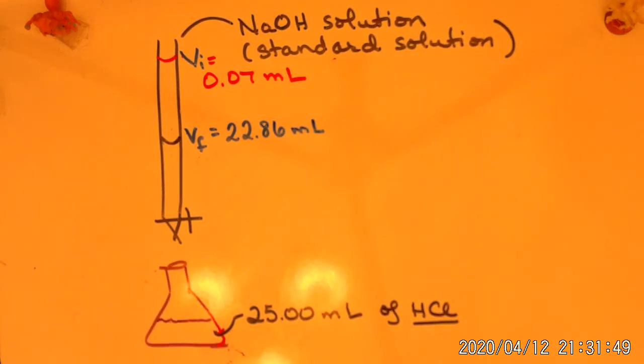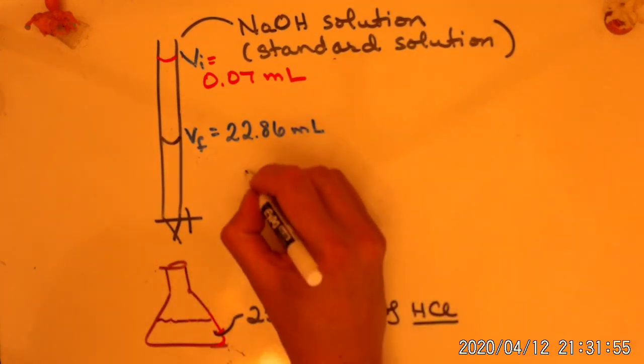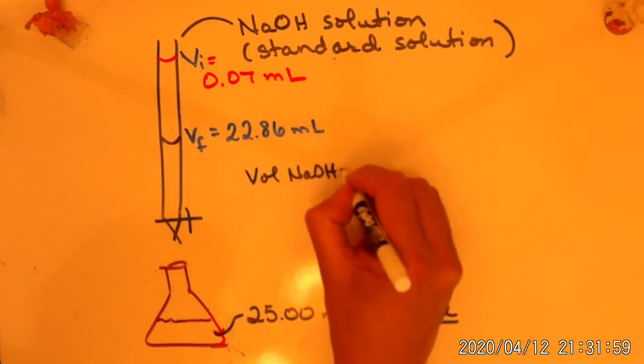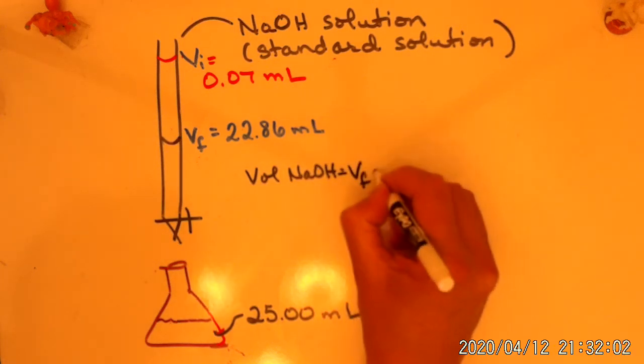Okay? So, the volume of sodium hydroxide is going to be equal to VF minus VI.